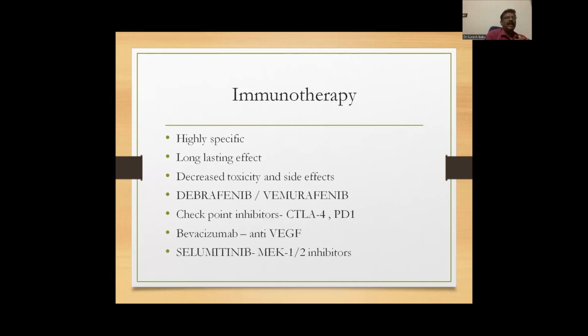And recently they are using bevacizumab, which, as we know, is anti-vascular endothelial growth factor. And as I said earlier, in the tumor markers, the mitogen activated kinase pathway, MEK1/2, the inhibitors like selumetinib are also being used for immunotherapy. So the biopsy plays a vital role nowadays to know the tumor markers.